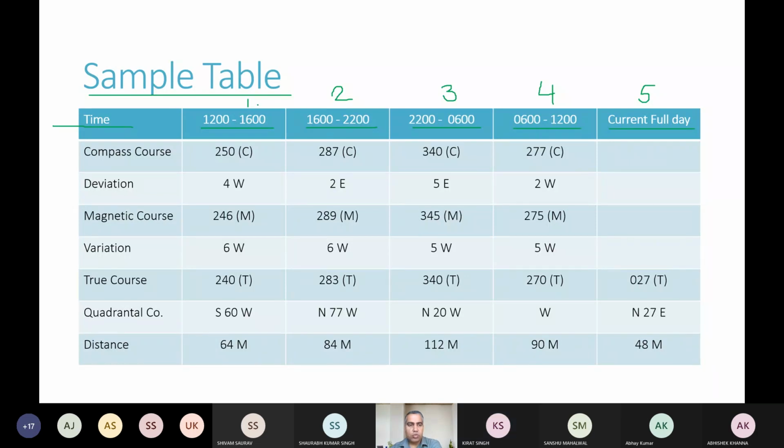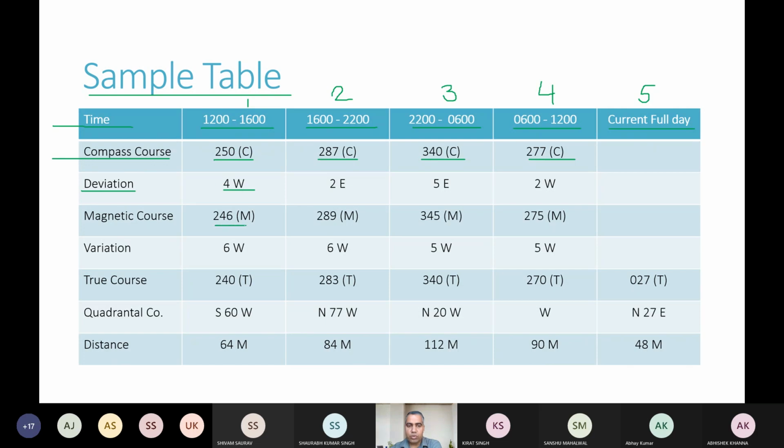So what we do is, first of all, we write the compass course steered by the ship which is given to us. So we have noted all the compass courses: 250, 287, 340, 277. Then we use the CDMVT. Next what comes is the deviation. 4 degrees west, error west, compass best. So that means we will have to subtract the deviation.